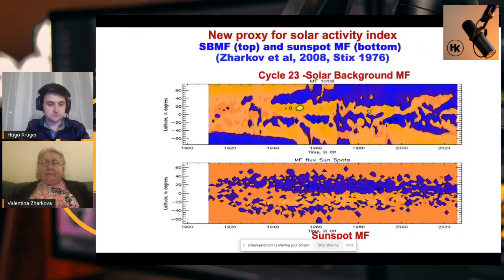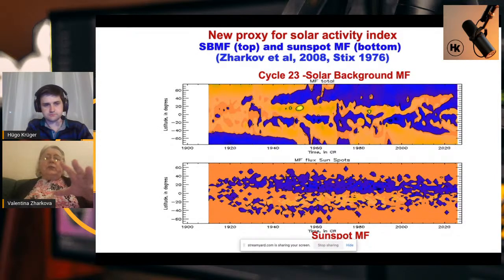So we simply take the understanding of solar activity to the next step. We use sunspots as a definition of solar activity, but they do not give enough information.